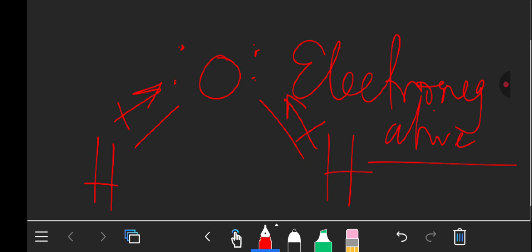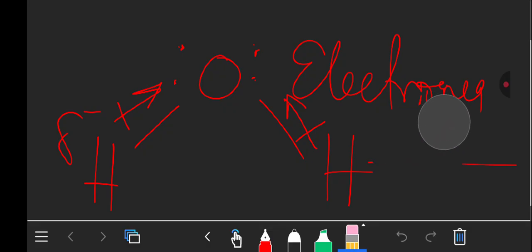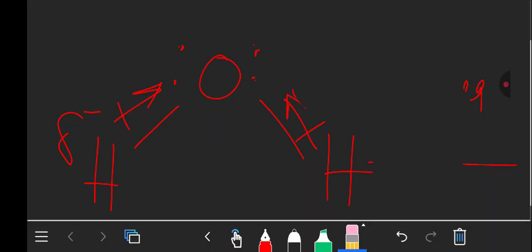Now, we are saying water is dipole. Let's look at dipole moment of water, okay? So we have a partial hydrogen there, and another partial hydrogen there, okay? And oxygen, partial negative.